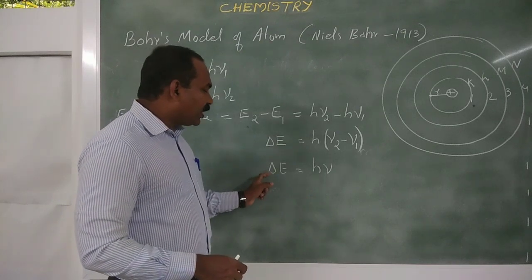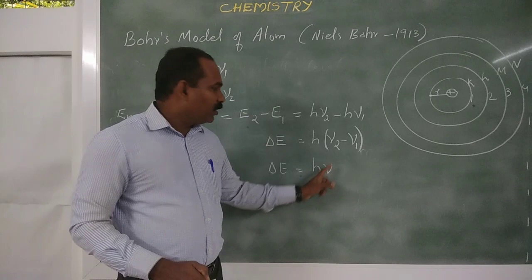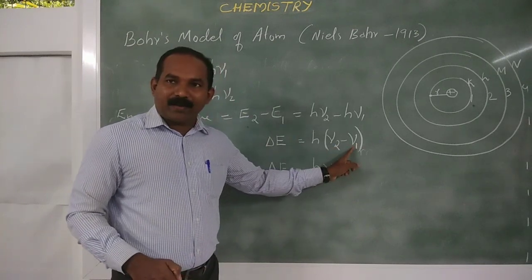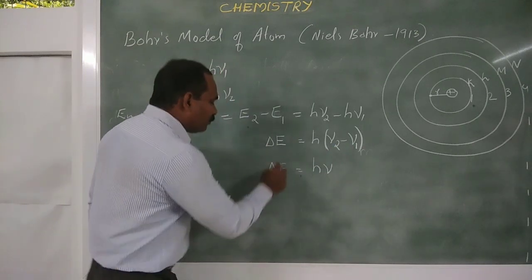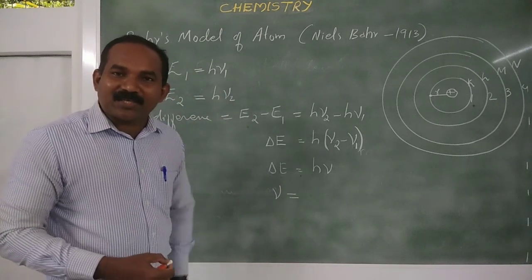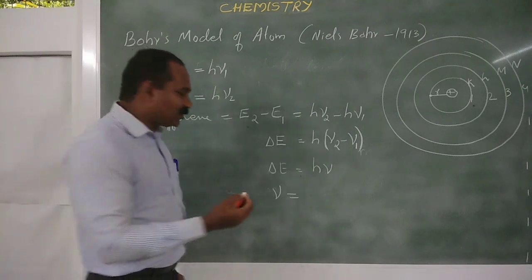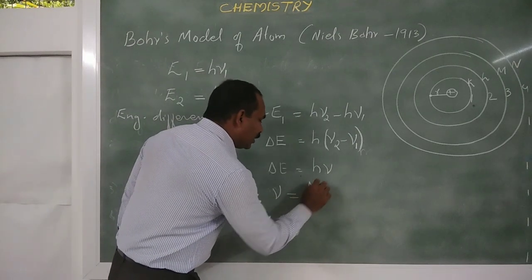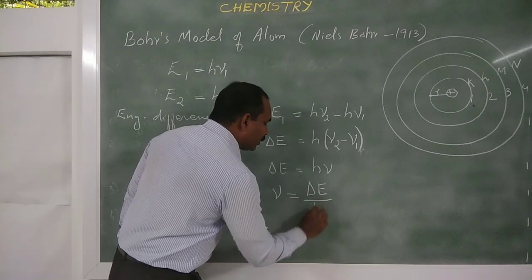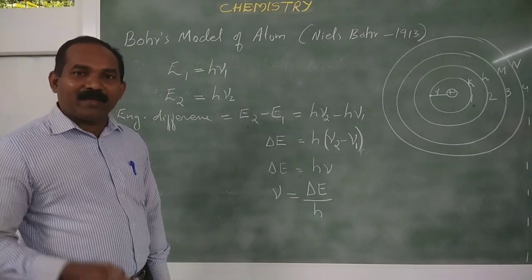So delta E, the change in energy, is equal to h times nu 2 minus nu 1, which is equal to h nu. Then what is the frequency of radiation emitted or absorbed by the electron? It is delta E divided by h. Delta E by h.